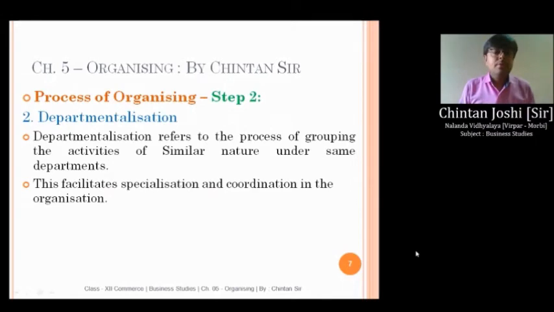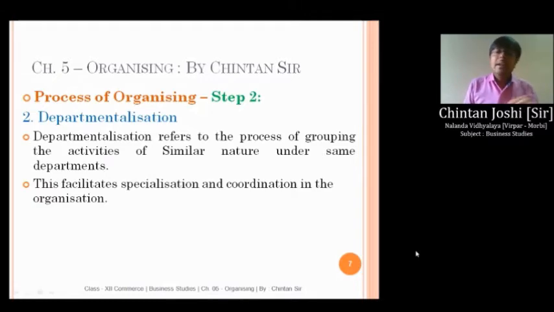Step number two in the process of organizing is departmentalization. Departmentalization refers to the process of grouping the activities of similar nature under some department. This facilitates specialization and coordination in the organization.